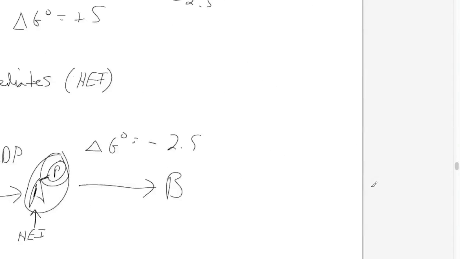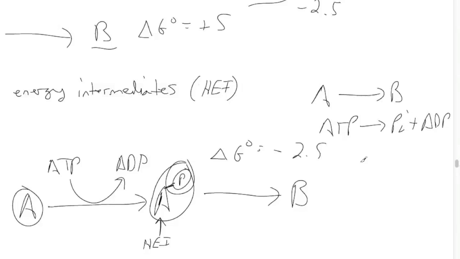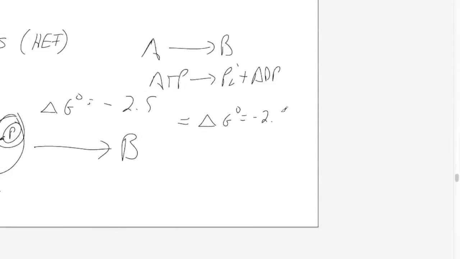So the way we can draw this in a more simplified version is that A to B and ATP to Pi and ADP equals a delta G naught of minus 2.5. Okay, minus 2.5. All right.